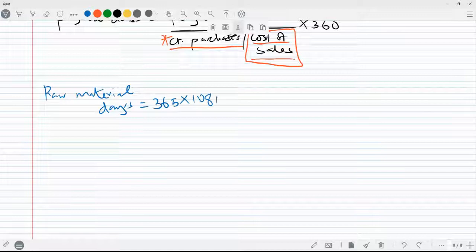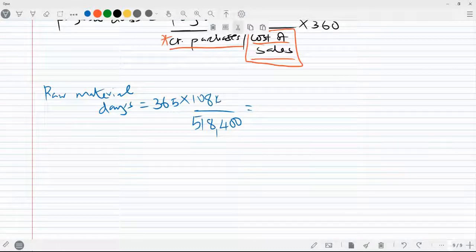We divide by the total raw material purchases for that year, which is 518,400. How many days for raw material? You can convert the days to the nearest whole number, because I think you'll get decimals. 76 days.